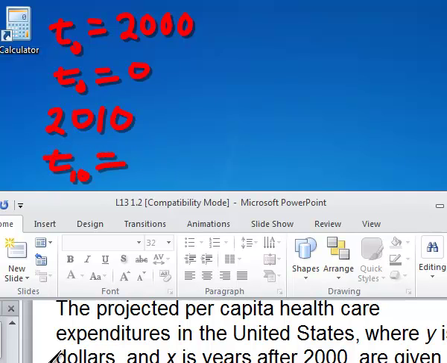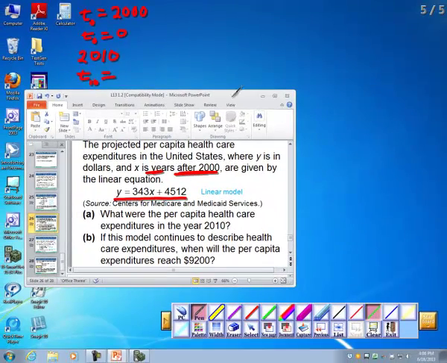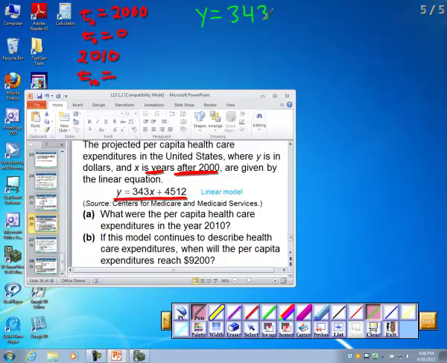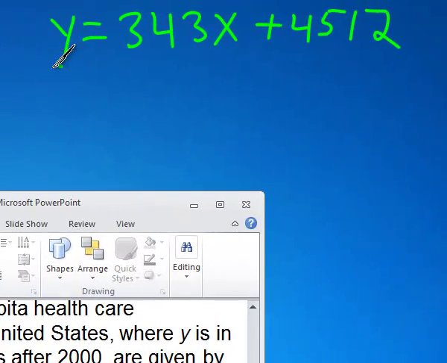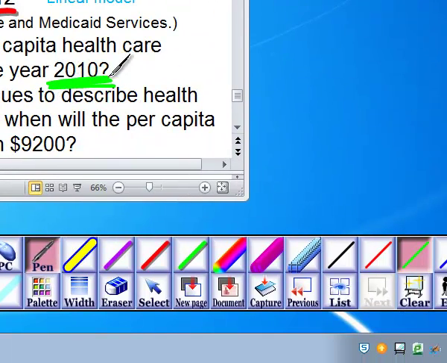That would have to be what? We're not going to put 2010 into this equation. Y equals 343X plus 4512. If Y is in dollars, X is in years, what are we going to put? We want to know how much the expenditures are going to be in the year 2010.